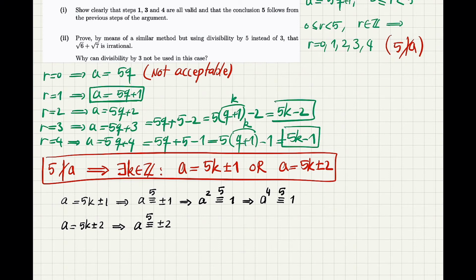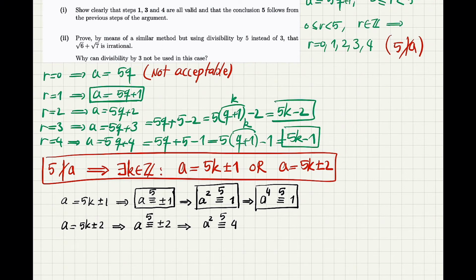So these are the cases that might happen if I write this in the language of congruency. Of course, these are all under the condition that a is not divisible by 5. Now for the other case, if I raise it to power 2, then it becomes 4, because plus or minus 2 to the power of 2 becomes positive 4.